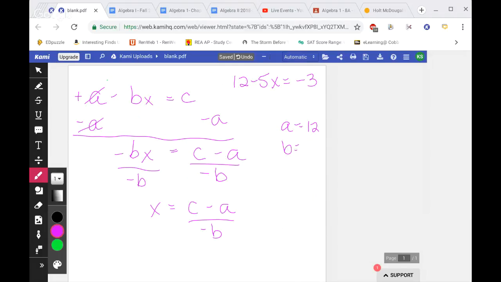And b, this is one little caution: because we kept that opposite piece, the negative, in our literal equation, you only have to write that as a 5, because this opposite sign is actually accounted for in the literal equation. Oh, it is. All right. So that's kind of a special thing. Okay. So then c would be -3, right?